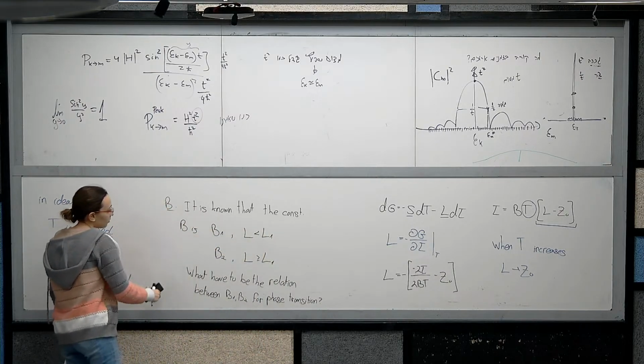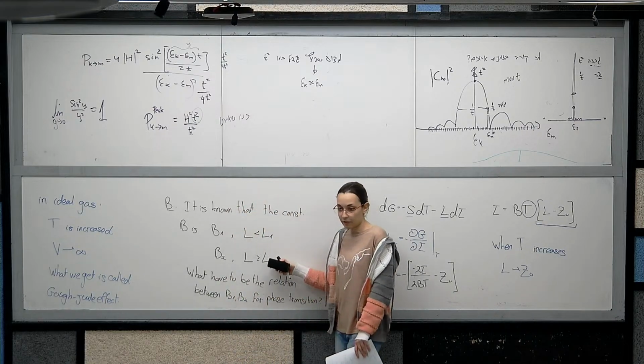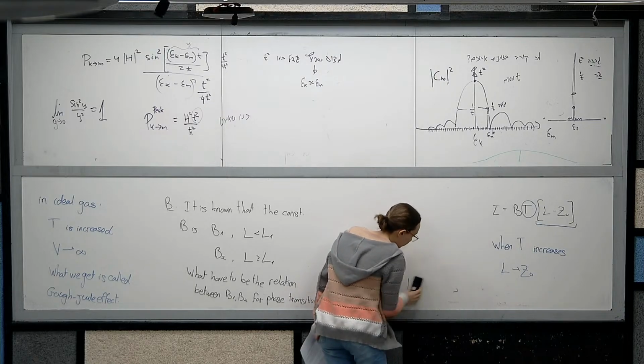Okay, so we have two different behaviors for different lengths. So let's write the equation for the system.